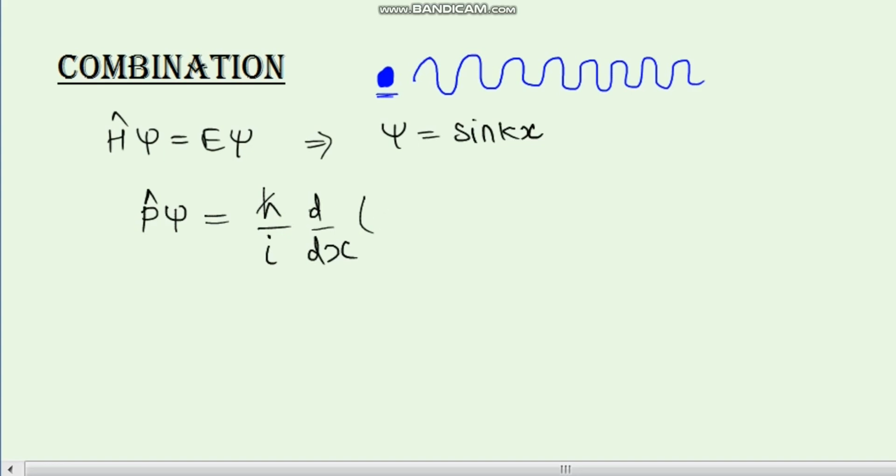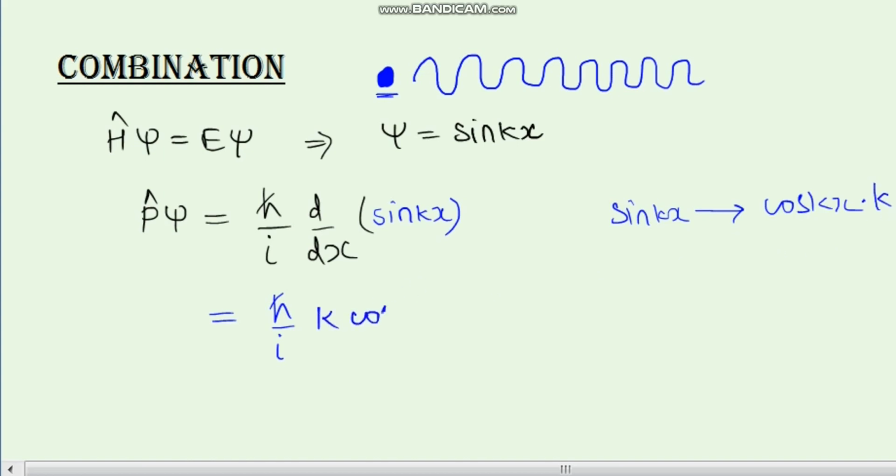Psi's value is given, so all you have to differentiate is sine kx. Sine kx differentiates to cos kx, and you get a constant multiplier, so you get k cos kx.